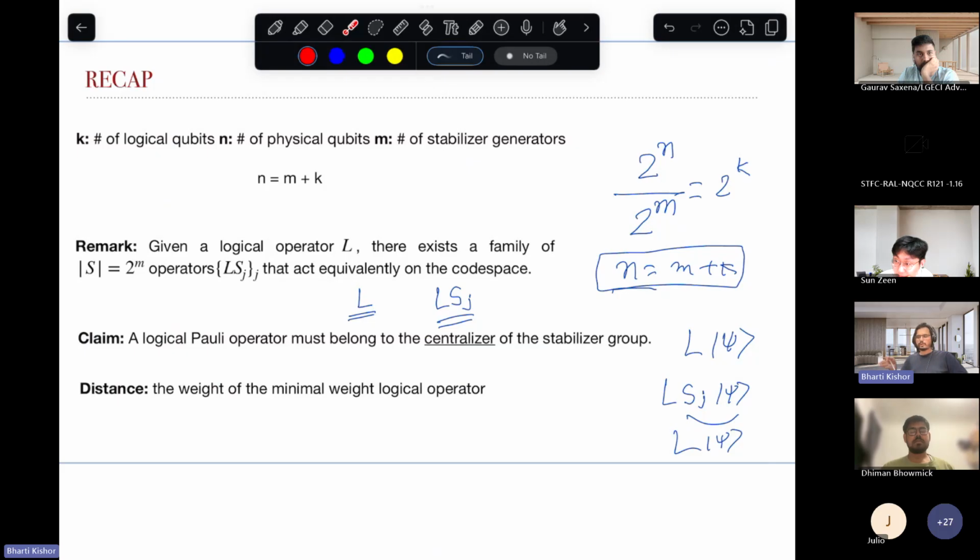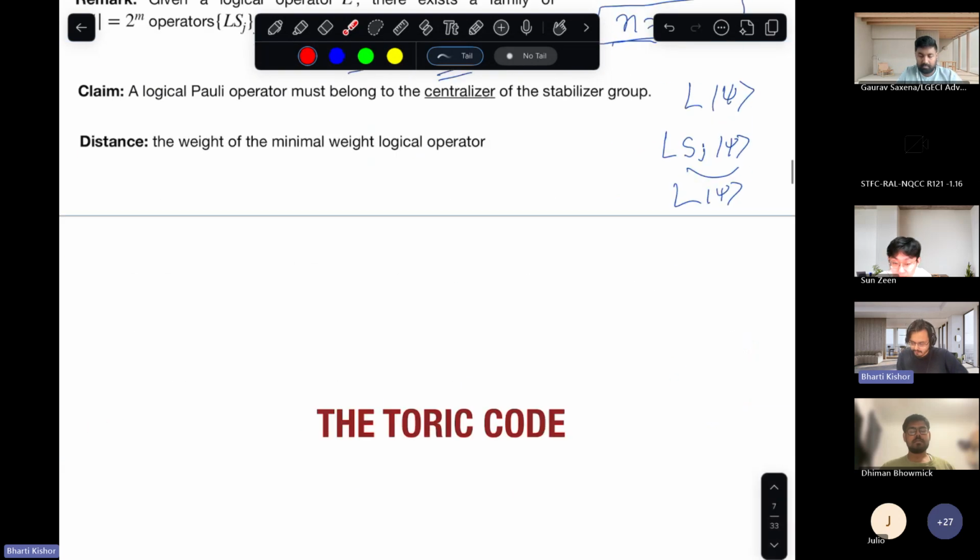So it has to commute with all the stabilizer elements, but it should not be a stabilizer. So what you do is, given your stabilizer group, you find the centralizer and then remove the stabilizer from it. All the operators that you are left with are basically logical operators. And the weight of the minimal weight logical operator gives you the distance. So this is a summary of what happened last week.